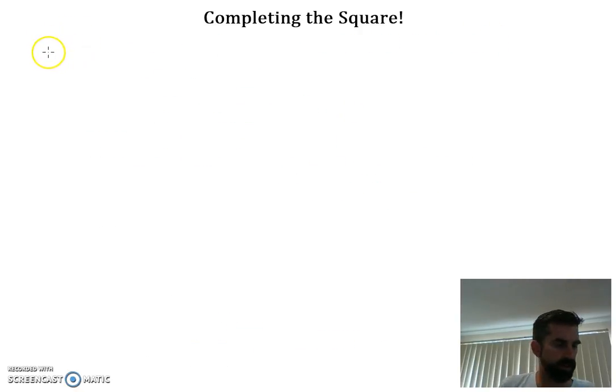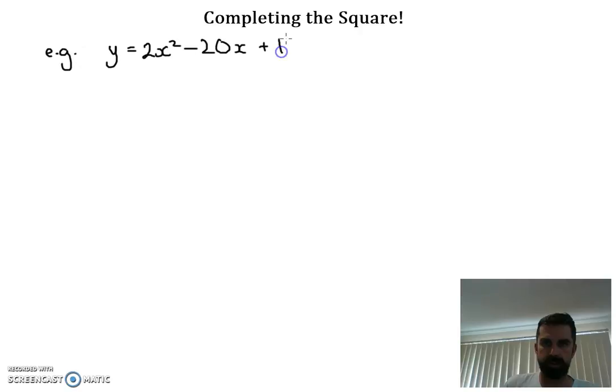Okay, let's do a second example, which is a little bit hairier. So we're going to say that y equals 2x squared, take 20x plus 14. What's a little bit trickier about this is that I've got the 2 out the front.